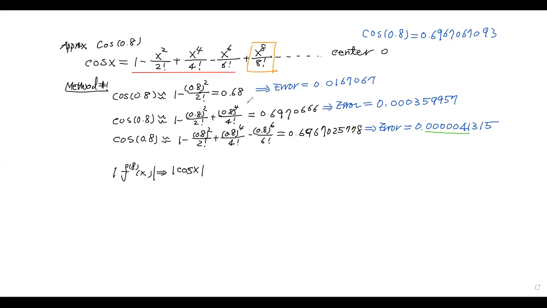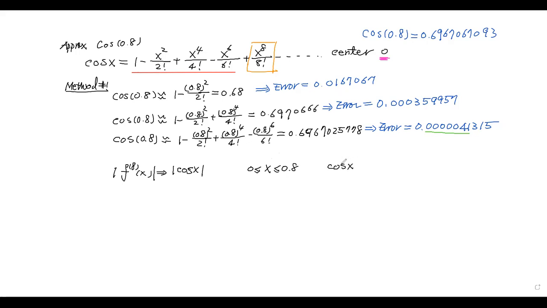And now where is my x here? Because I am centered at 0, and I have 0.8, right? So my x here will be from 0 to 0.8. What is the cosine value?